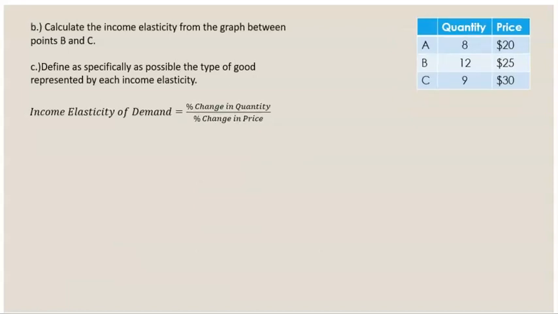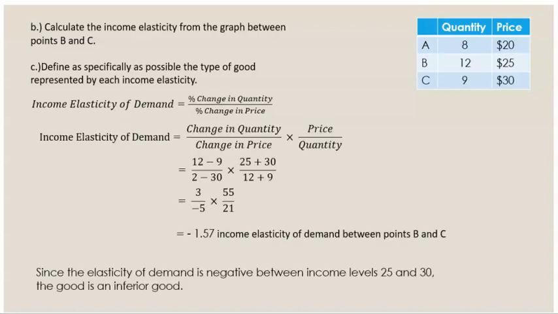Okay, so now let's take a look at between points B and C, and you will be doing the same. So go ahead and hit pause, work on that problem, and come back. You should have come up with something about like this.